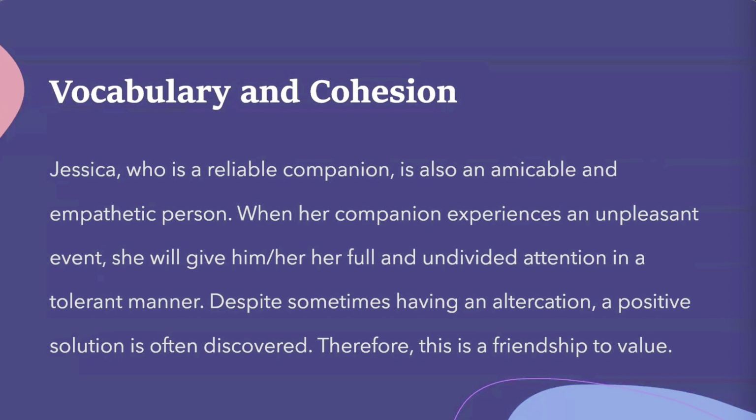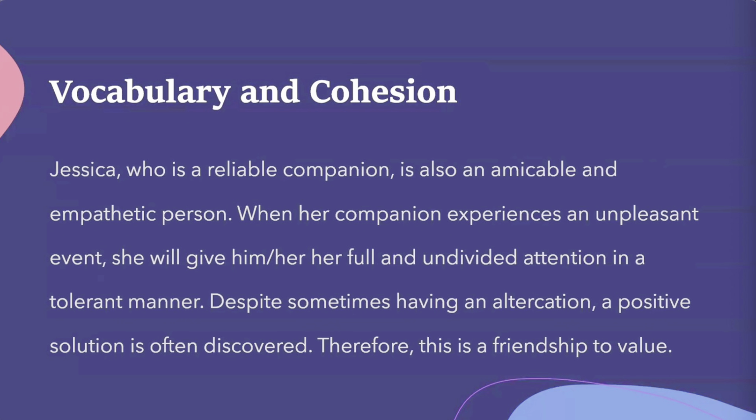Now let's add more cohesion and vocabulary. Jessica, who is a reliable companion, is also an amicable and empathetic person. When her companion experiences an unpleasant event, she'll give him her full and undivided attention in a tolerant manner. Despite sometimes having an altercation, a positive solution is often discovered.